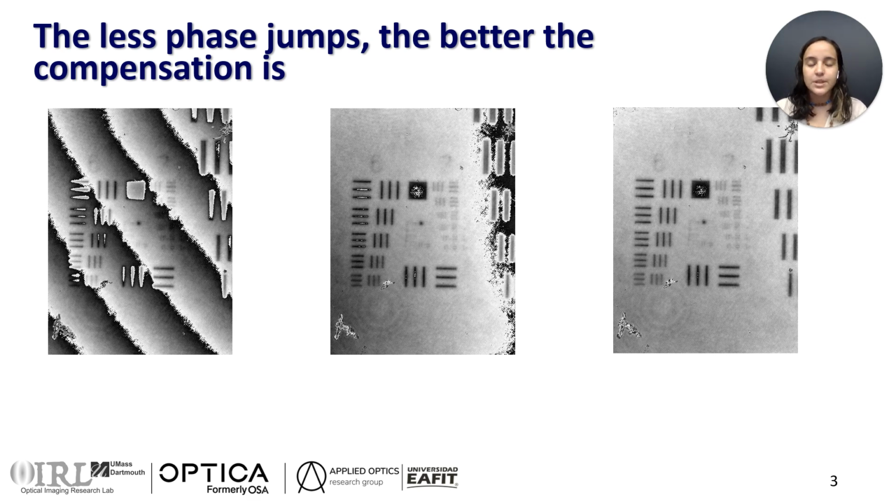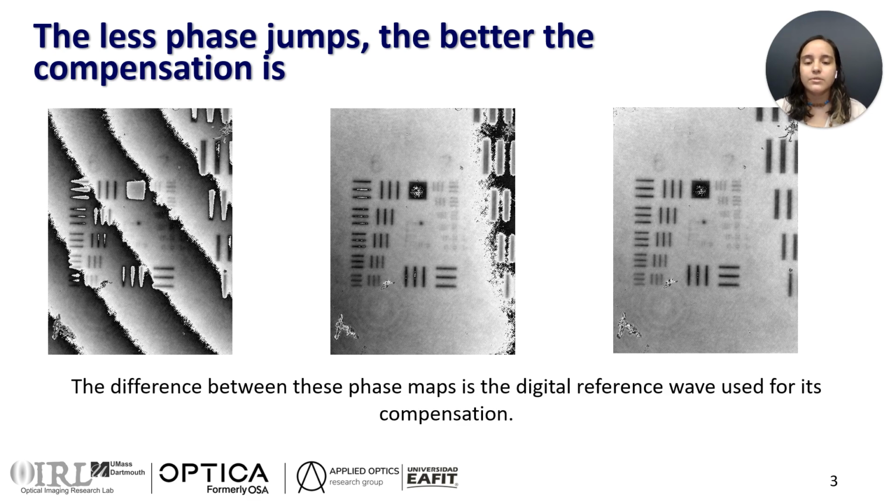So this validates our statement that what we aim to achieve is a plane phase, homogeneous background, as in the last phase map that I present you over here. So that's our main goal with this algorithm. So let's keep that in mind and let's continue.